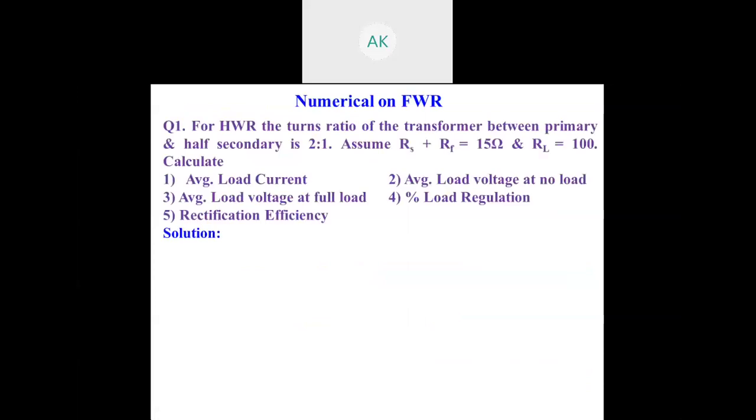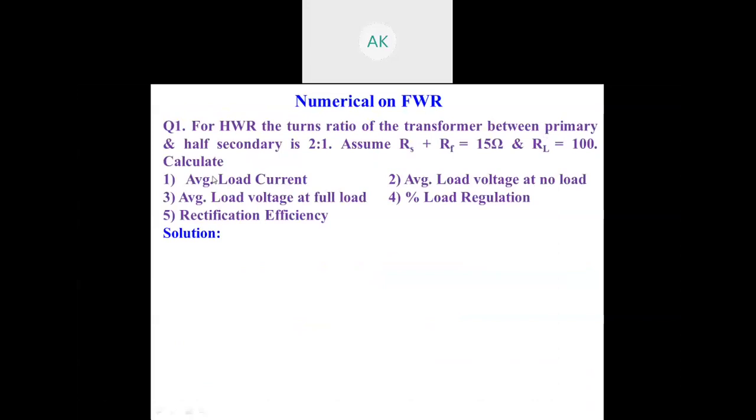Before going for the bridge rectifier, we have to solve the numericals based on this. So guys, you have to take pen and paper and write this down. The first numerical is given as: for a half wave rectifier, the turn ratio of a transformer between primary and half secondary is 2 to 1. Assume the transformer secondary resistance and the forward resistance as 15 ohm.